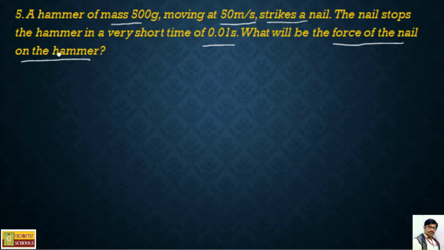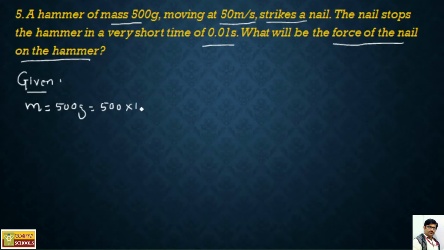This is the question. So let's try to write the given parameters from the problem. The hammer has mass m, which is equal to 500 gram. So 500 gram is equal to 500 into 10 to the power minus 3 kilogram.